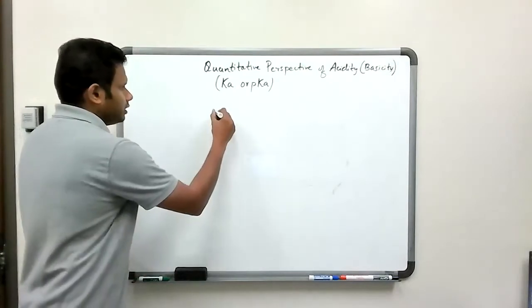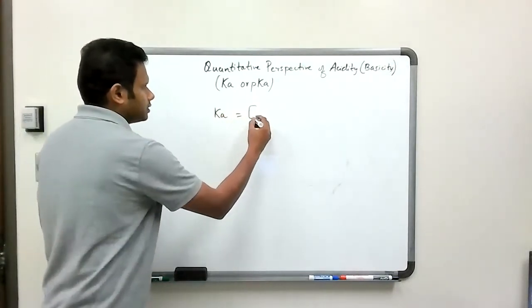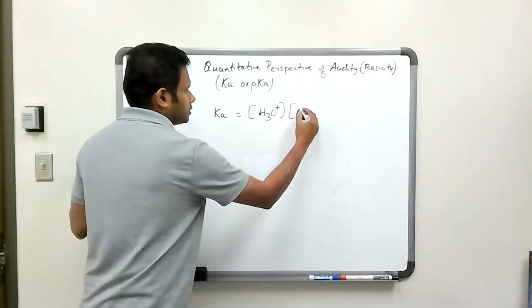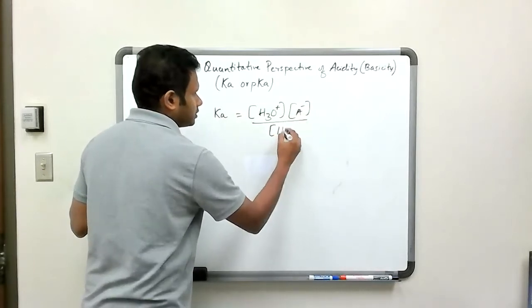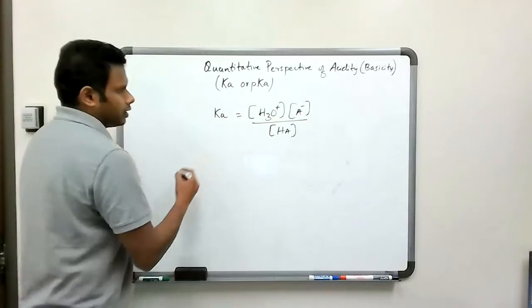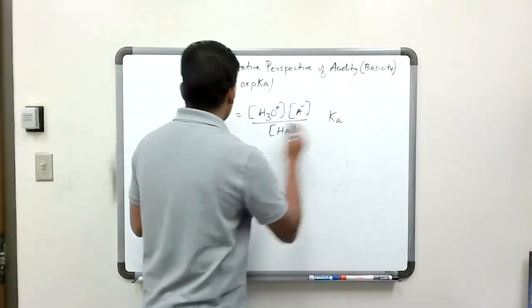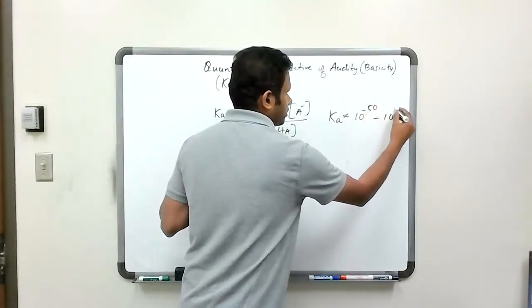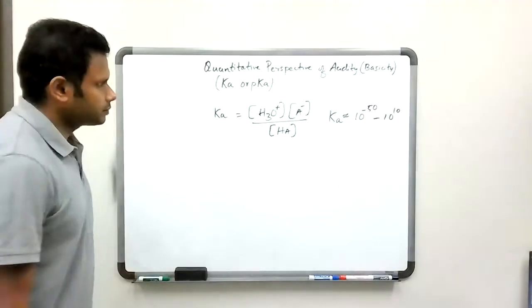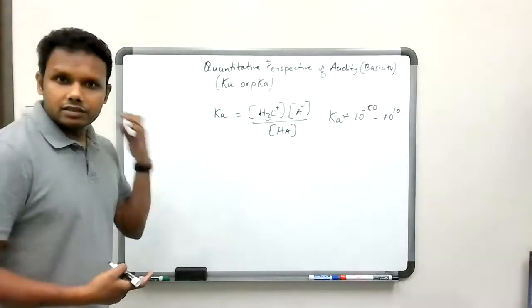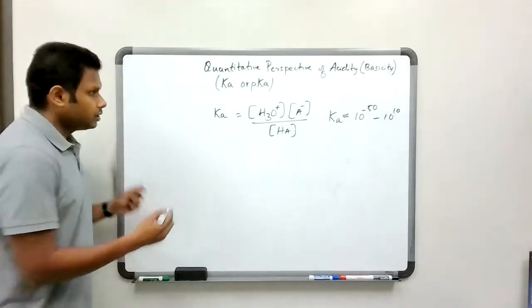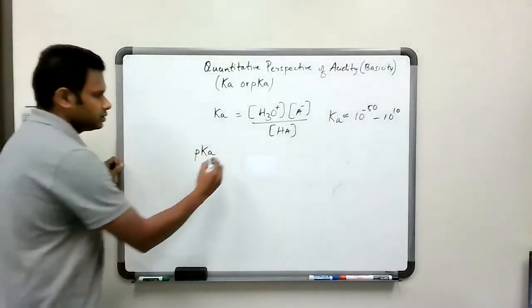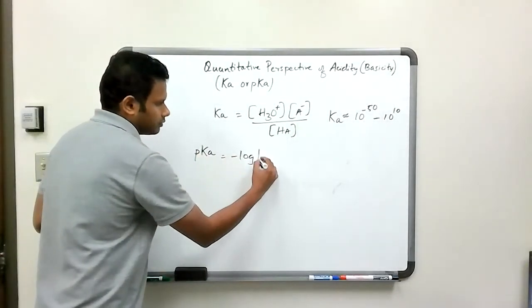Ka is the concentration of H3O plus times the concentration of A minus over the concentration of HA, and Ka is usually, for our purposes, in the range of 10 to the power minus 50 to 10 to the power 10. To make things simpler, similar to pH, we can define a term called pKa, which is the negative log of Ka.